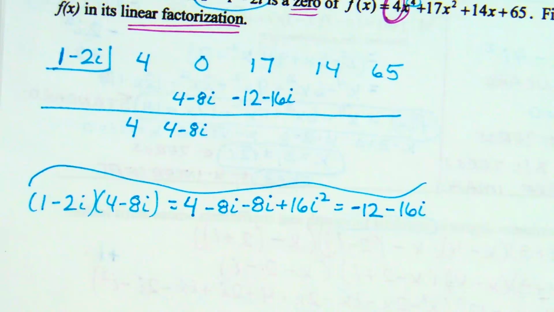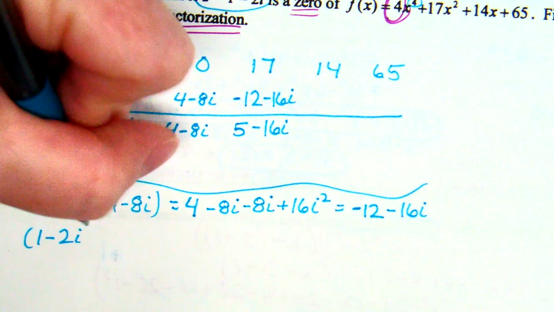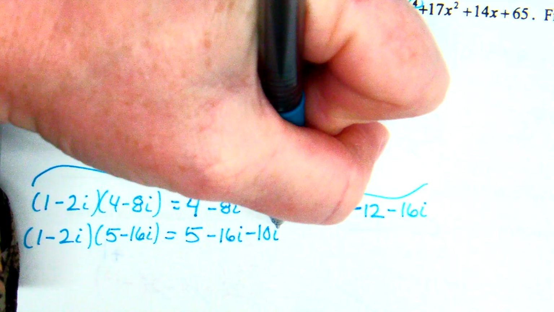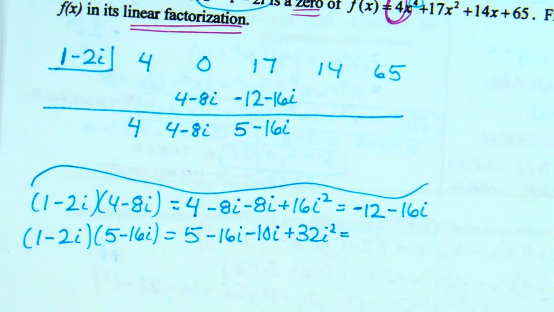17 adds to negative 12, and that's going to be 5 minus 16i. And now, FOIL again, because now we're doing 1 minus 2i times 5 minus 16i. 5 minus 16i minus 10i plus 32i squared. Work with me here.